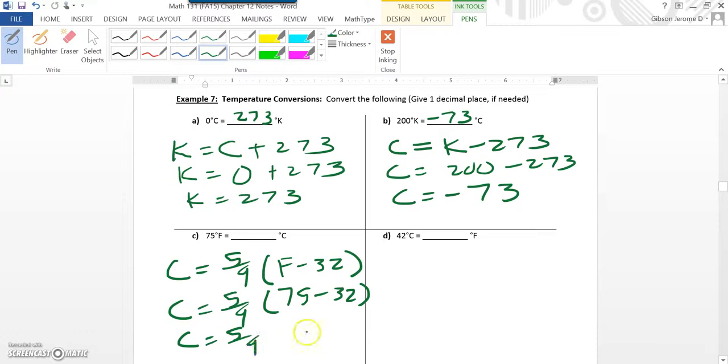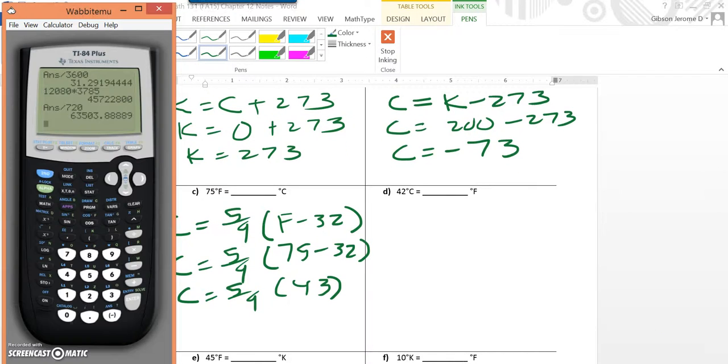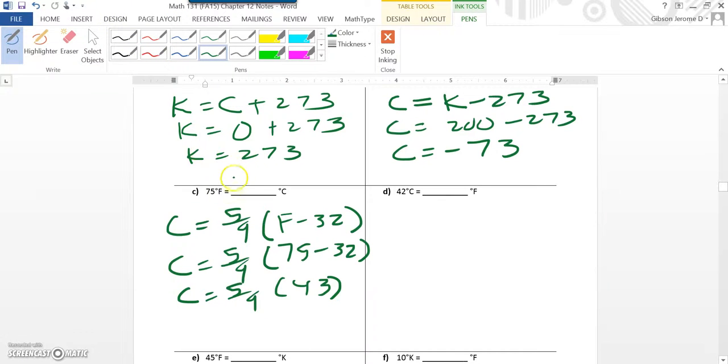So Celsius is equal to 5/9 times 43. So now it tells us to round to one decimal place if needed. So we would take our calculator and take 5 divided by 9 times 43. We'll round to one decimal place, it'd be 23.9. So it'd be 23.9 degrees Celsius.